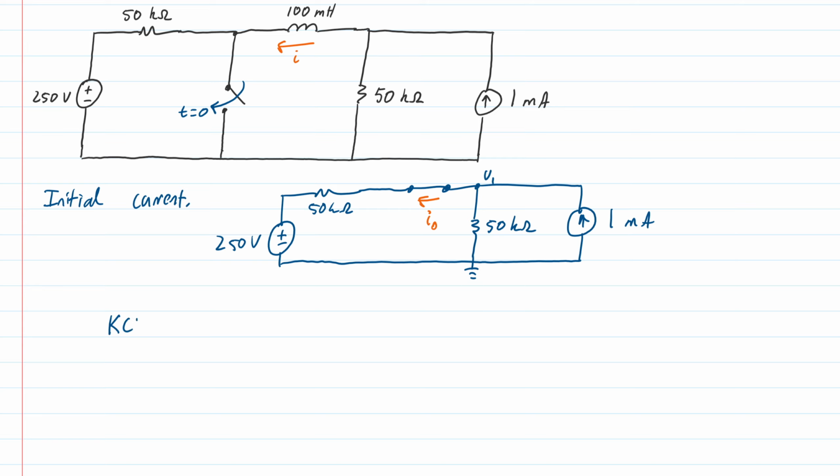So using Kirchhoff's current law at that node V1, the current I0 that leaves in the leftward branch is the following. It's V1 minus 250 divided by 50,000. The current in the downward branch is V1 divided by 50,000. And then I have 1 milliamp of current entering.